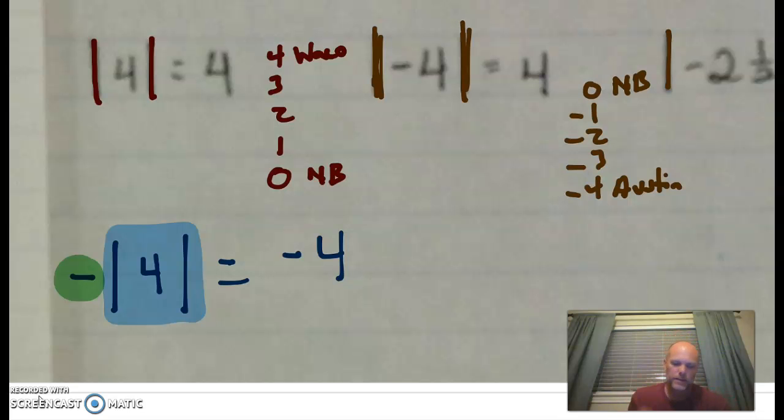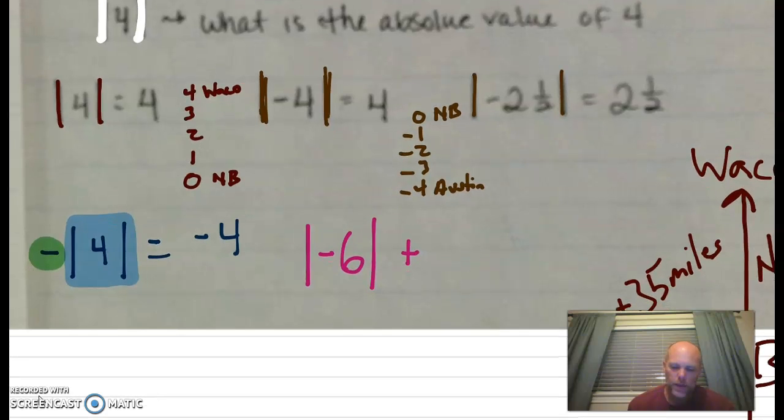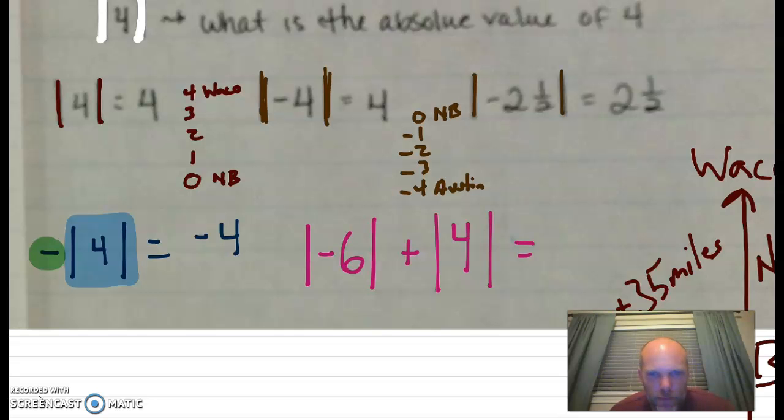Alright, so let's try something here. Let's do a little problem with absolute value. The absolute value of -6 plus the absolute value of 4. So we're going to add those together. You have to do some work first.